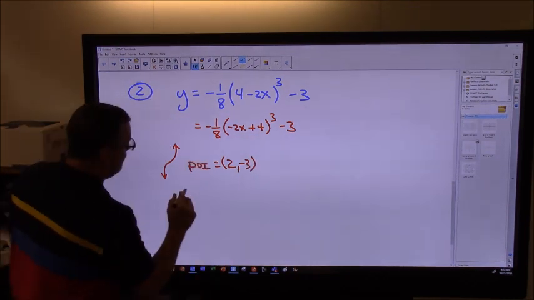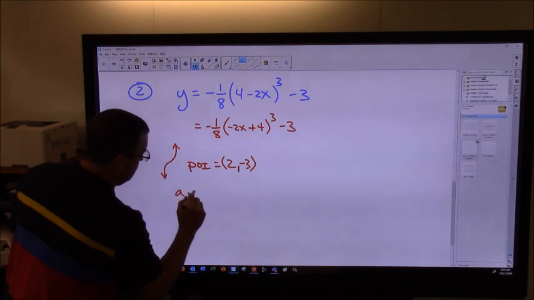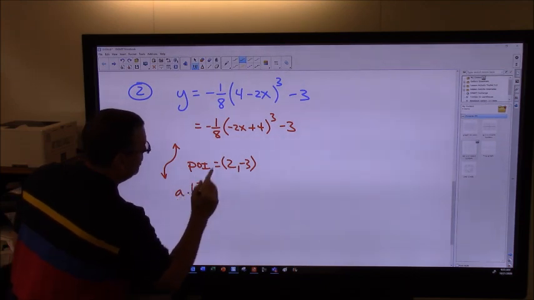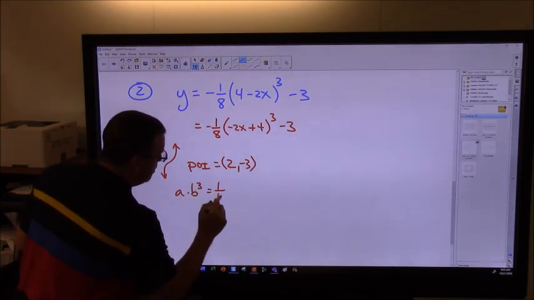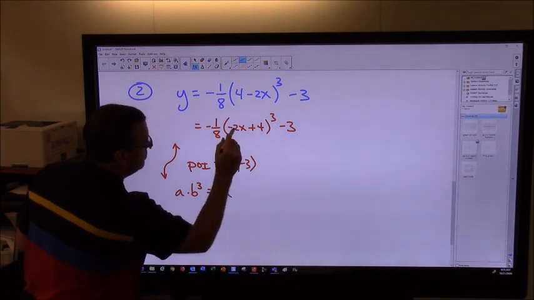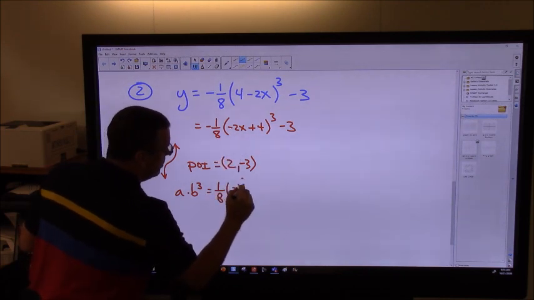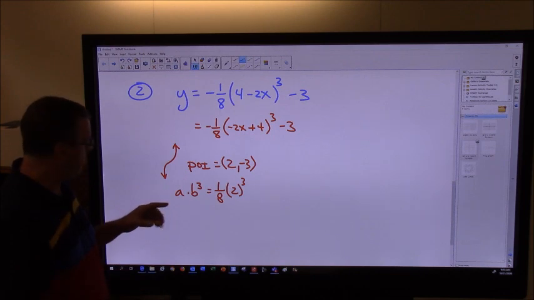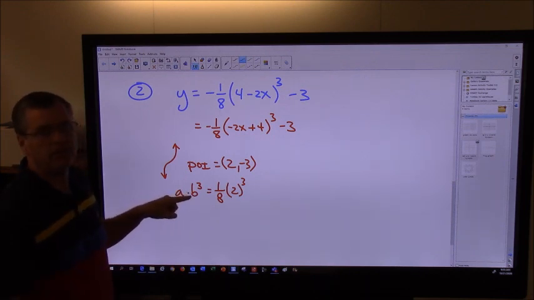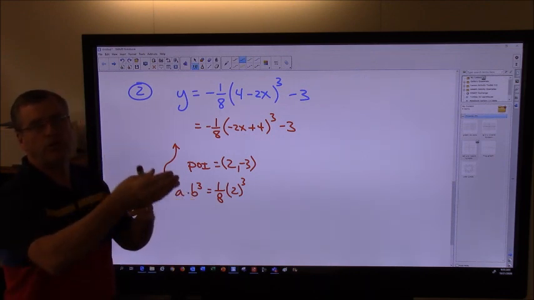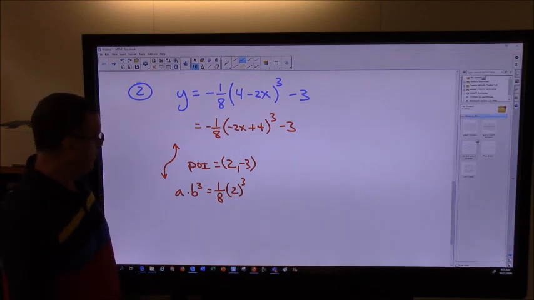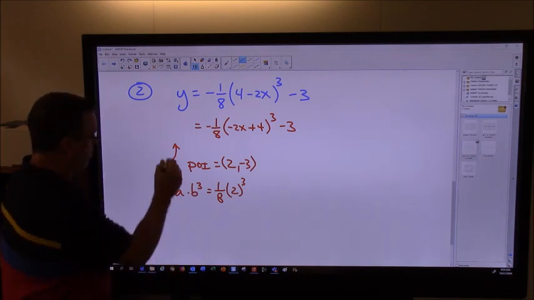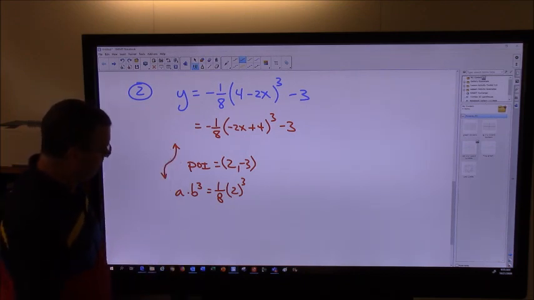And then what I have, if I do my a times b cubed, I've got 1/8 times 2 cubed. Remember, I'm ignoring the negative signs when I deal with this. I'm just trying to find out how much more or less than normal we are going to adjust our y values for this graph.